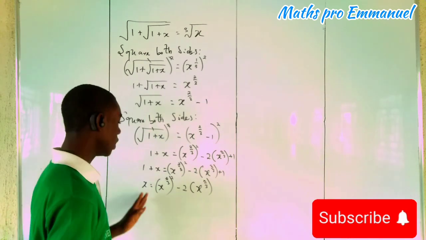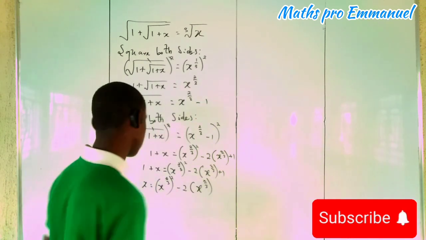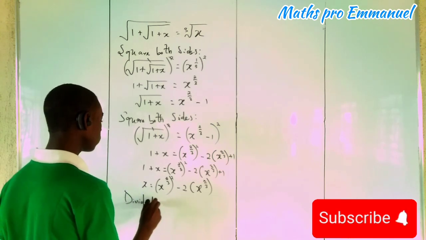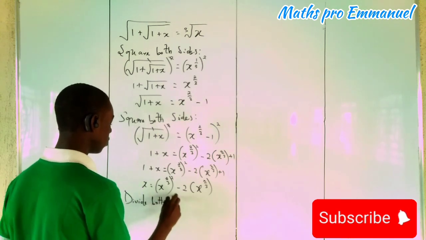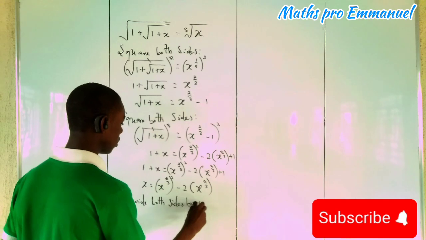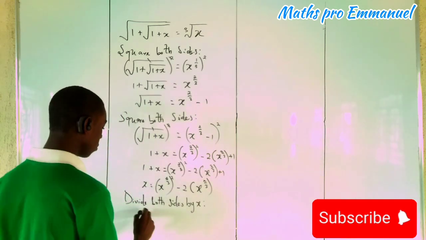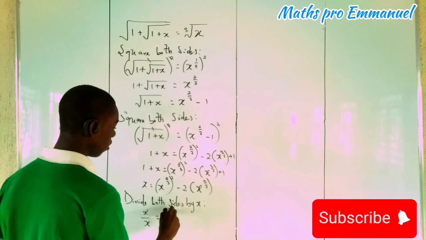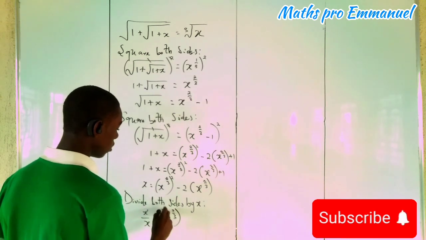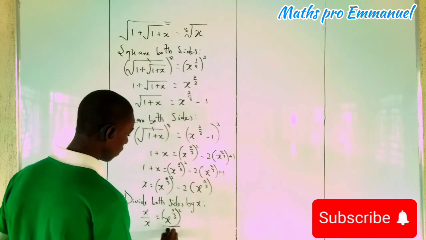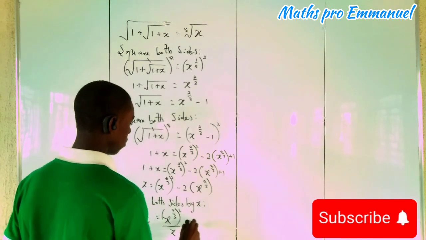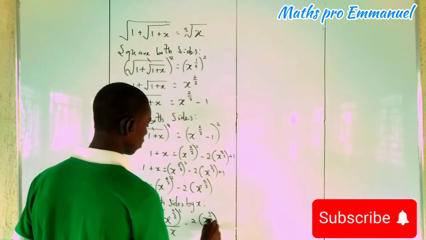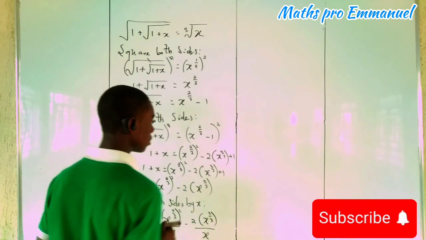Next step, divide both sides by x. So doing that, I have x over x equal to x raised to the power of 2 over 3, all squared, over x, minus 2 into x raised to the power of 2 over 3, all over x.